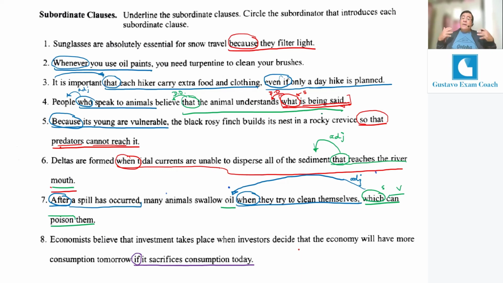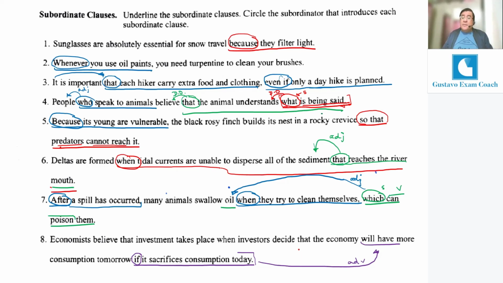Yes, the economy will have more consumption tomorrow if it sacrifices consumption today. So we understand now that this if is working as an adverbial modifier for will have. Yes, a condition for that action of will have more consumption.